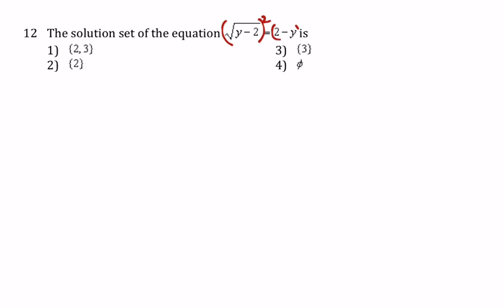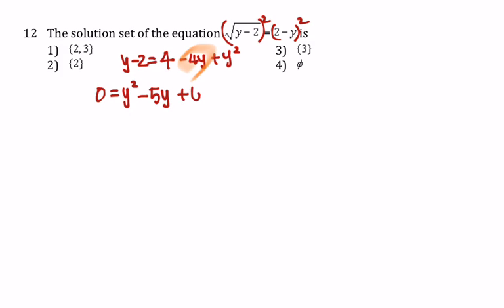Same deal, number 12. Be careful when you square 2 minus y. Then we get 4 minus 4y plus y squared. So once again, be careful. Don't forget the negative 4y term in the middle when you square them. And moving everything onto one side, we get y squared minus 5y plus 6.